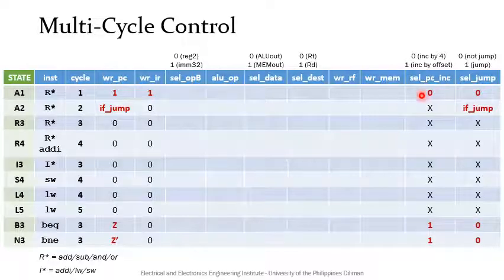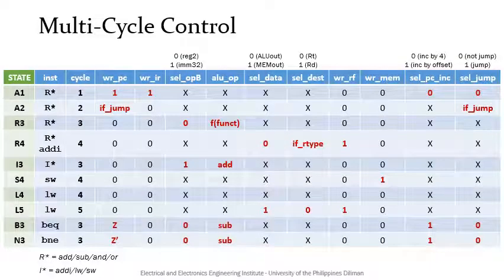In this case, the select PC increment becomes a don't care since the jump address will be selected either way. For B3 and N3, select PC increment is 1 to select the offset. And since the other multiplexer acts like a gateway, then select jump must be defined and given a value of 0.